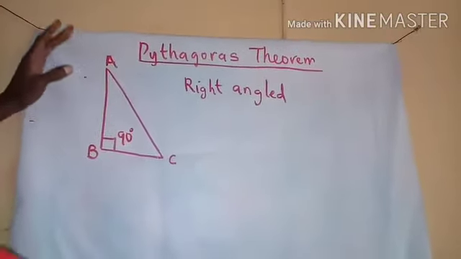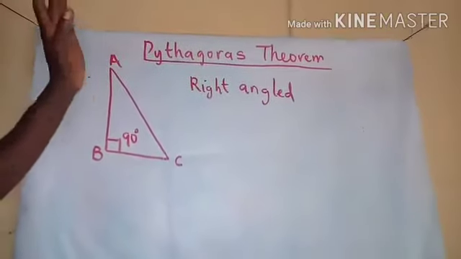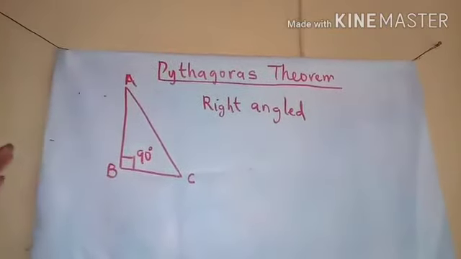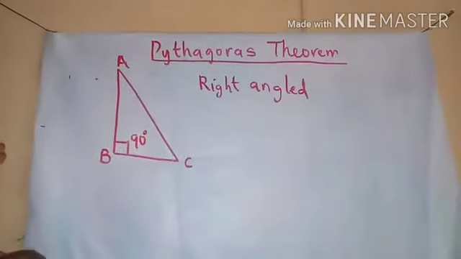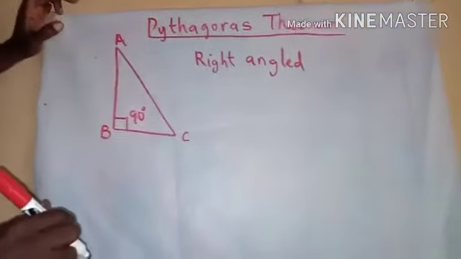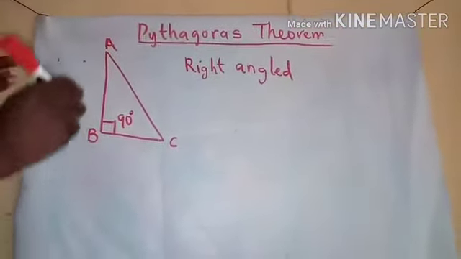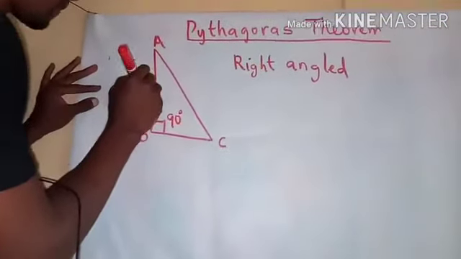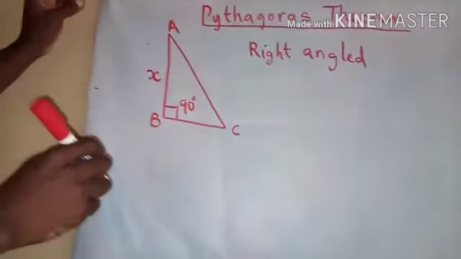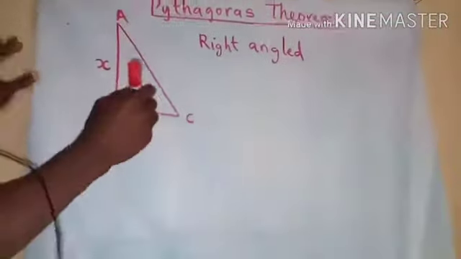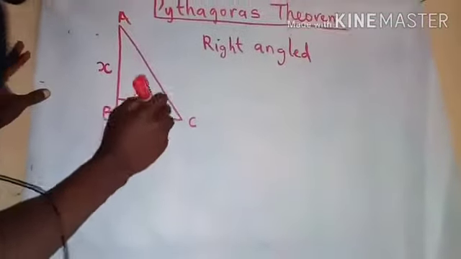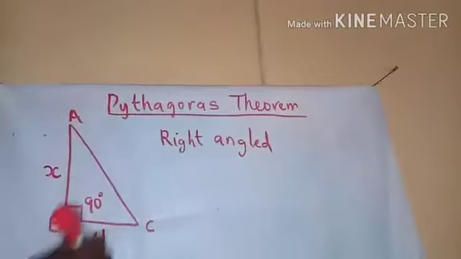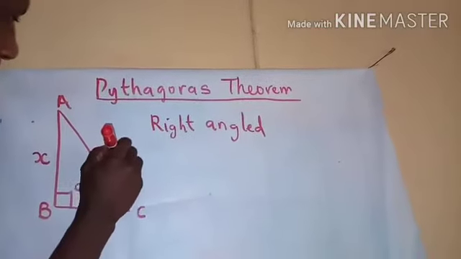As I said, it's only a right angle triangle we can use Pythagoras theorem to solve. So how does it go? Let's say line AB is letter X, line BC is letter Y, and line AC is letter what? Letter Z.